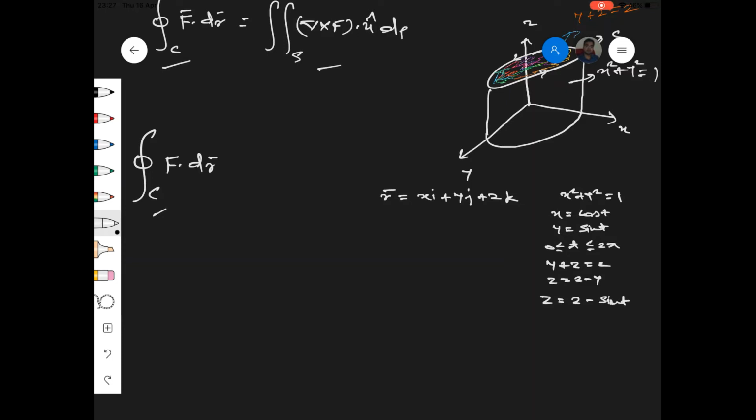So from here we got the values of x, y and z.